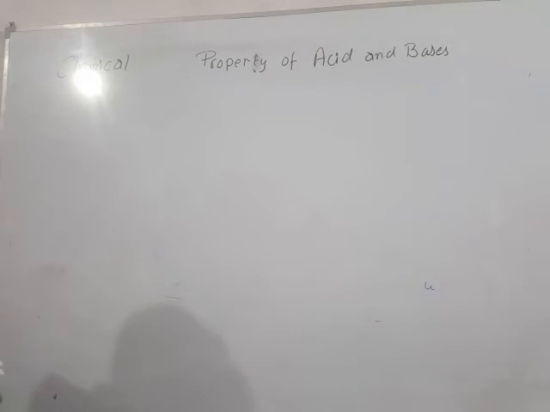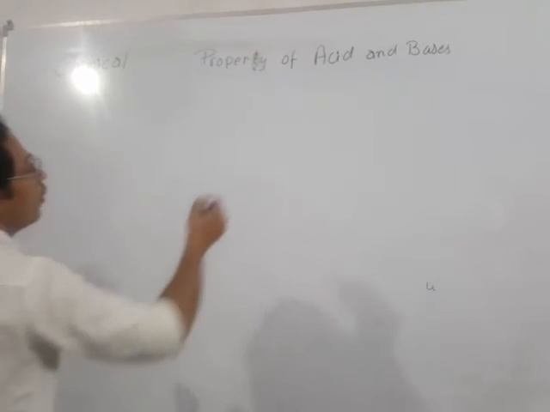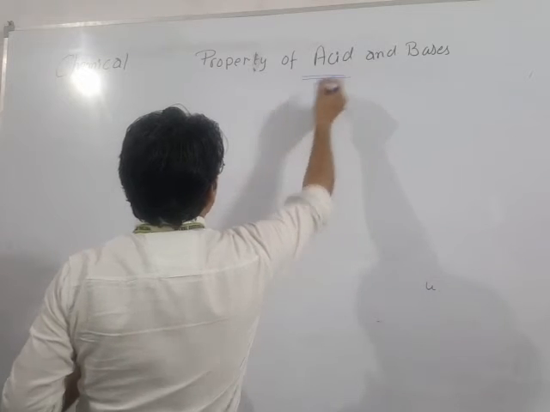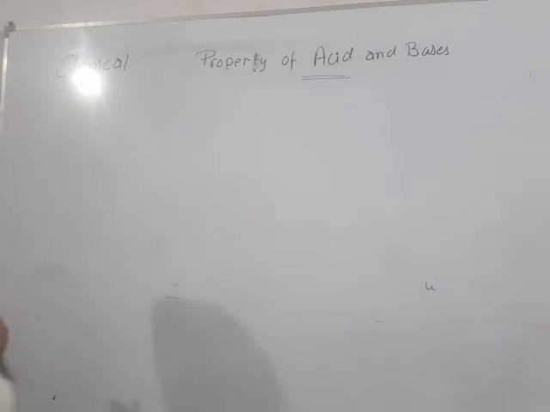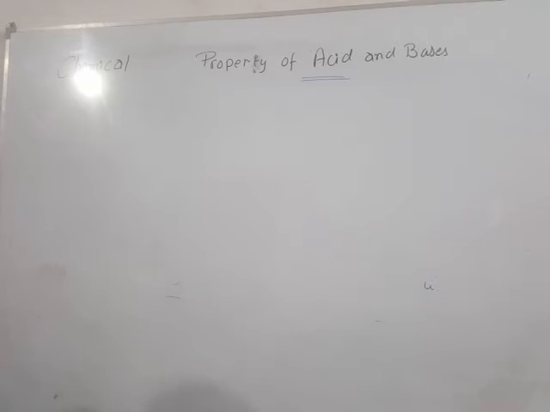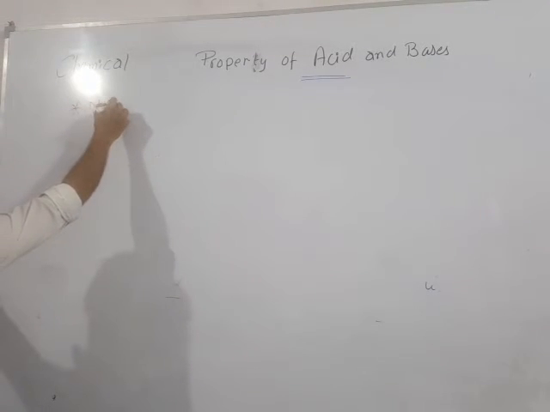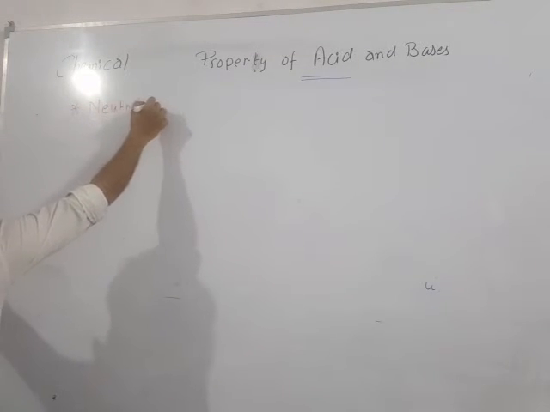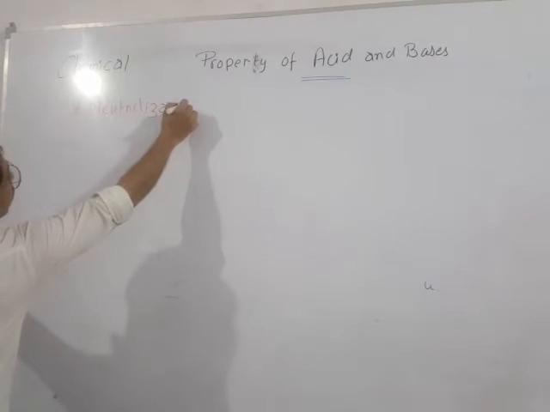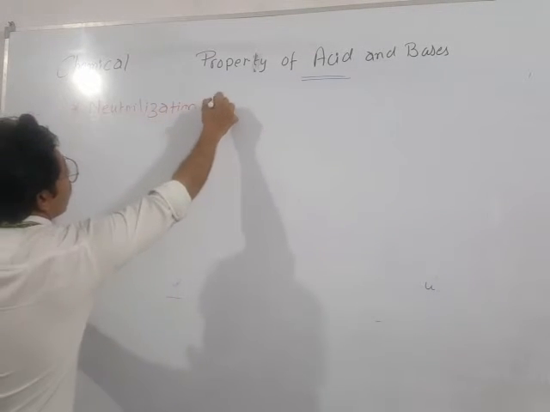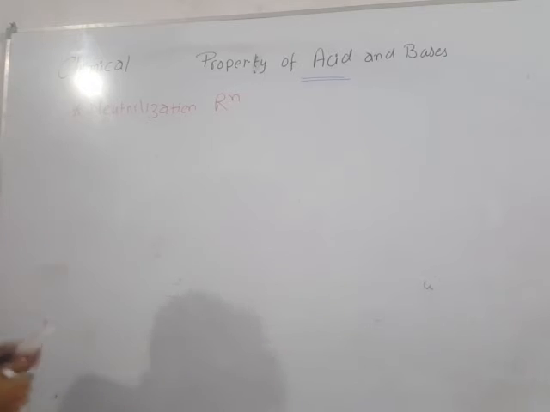So first of all, we are going to discuss the properties of acid. Look here, I am taking an example, such as bases. It means neutralization reaction. What do you mean by neutralization reaction?